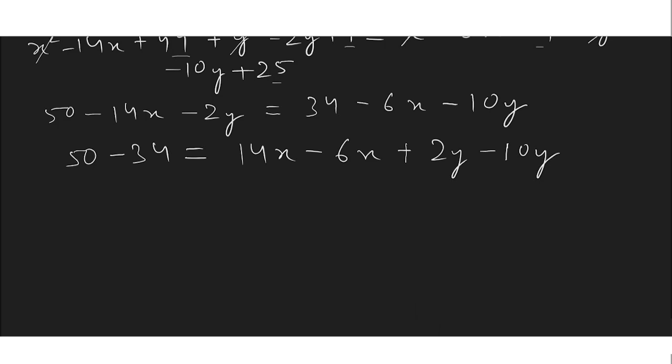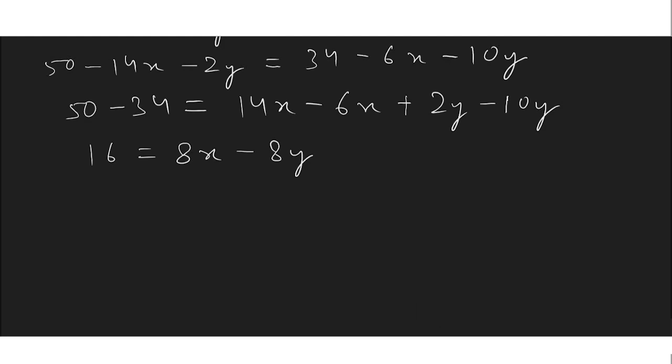This will be equal to 16 is equal to 14 minus 6, which is 8, 8x minus 10 plus 2, which is minus 8y. Or we can further write it down as x minus y is equal to 2.